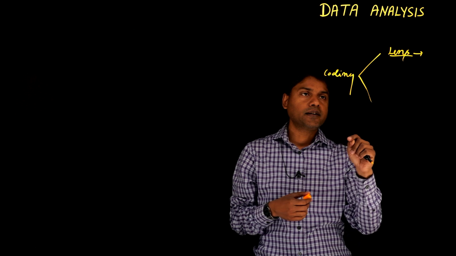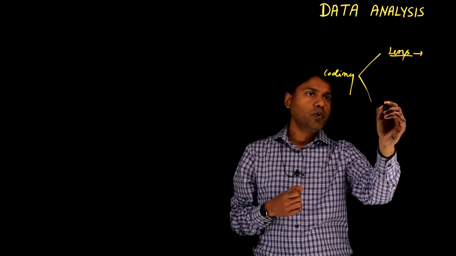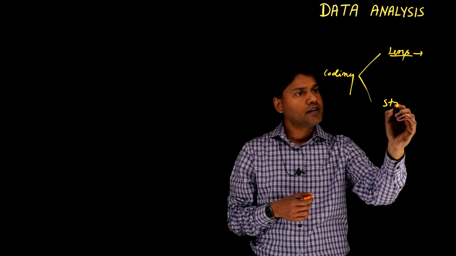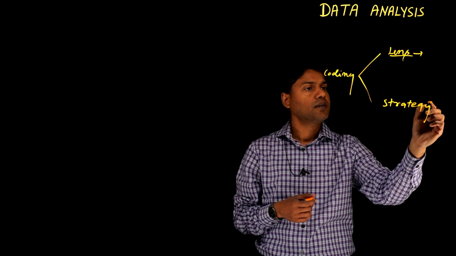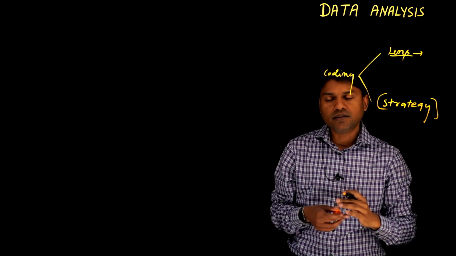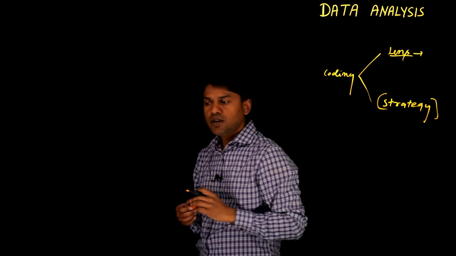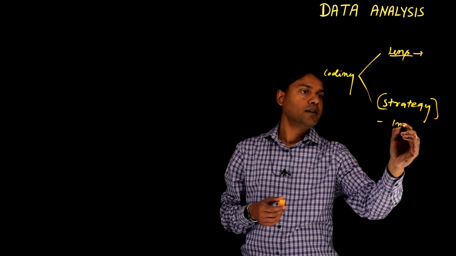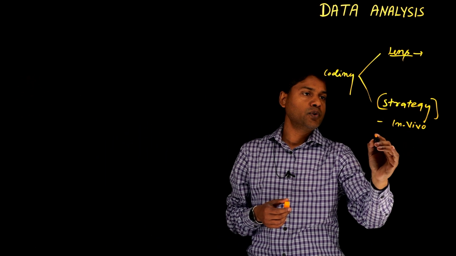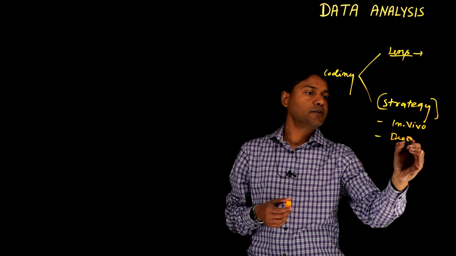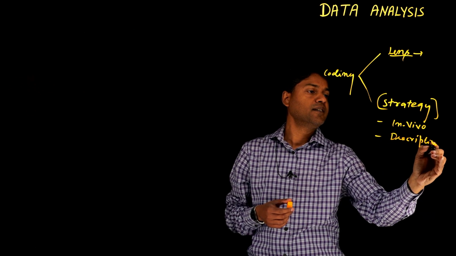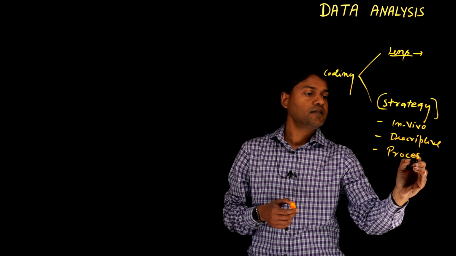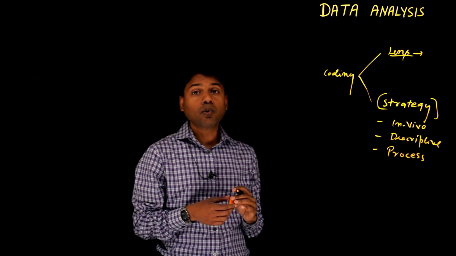Another factor that can influence coding is coding type, your strategy of coding. And there are various strategies. We will learn more about those in upcoming videos. For instance, if I'm doing in vivo coding versus descriptive coding, or let's say process coding, these are various methods of coding.